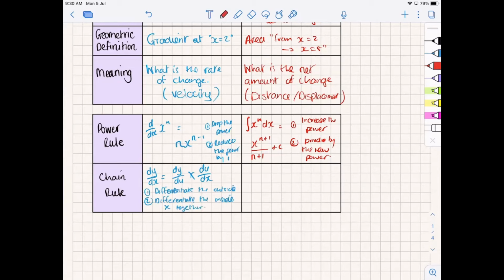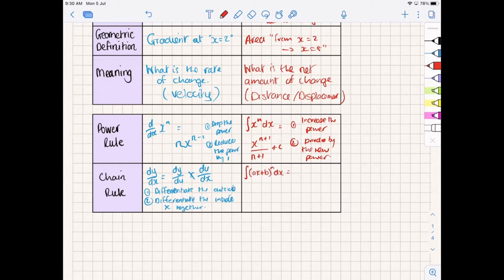We also had a reverse form of the chain rule. What was the important thing about the reverse form? What was the big rule about it, if we want to use the reverse chain rule? There was something very important about what was on the inside of the bracket.